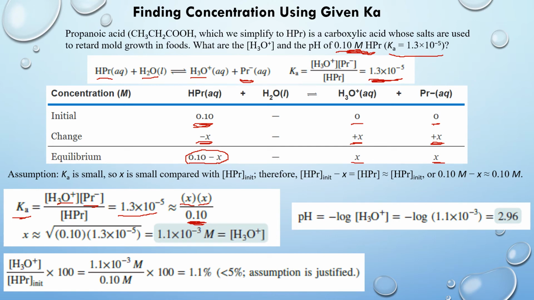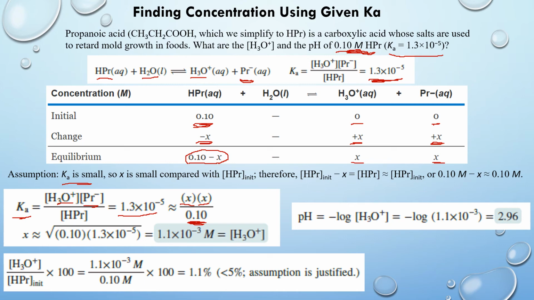The assumption I made is based on this very small Ka value. Because this Ka is very small, the extent of this dissociation is small. So this x is very small compared to the initial concentration of the acid.